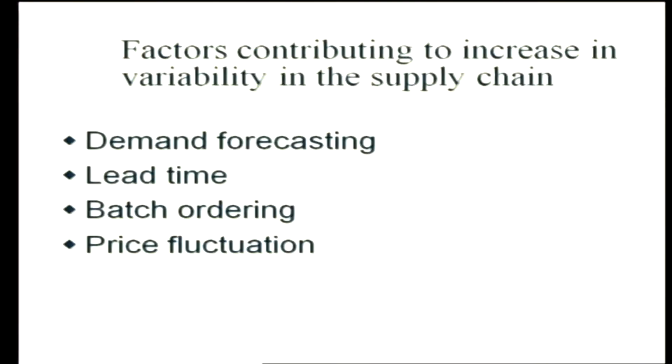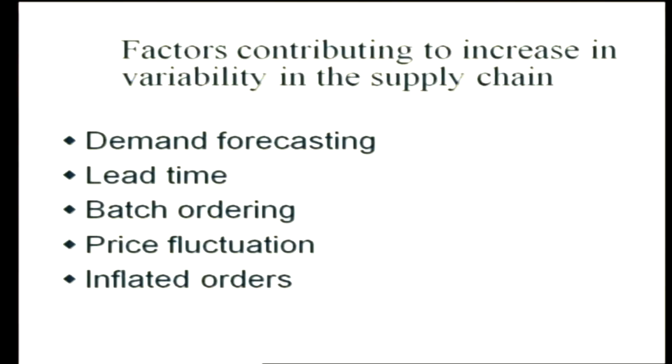Now, the fourth factor is price fluctuation. What is price fluctuation? A company always considers that in the market there is a fluctuation in price. There are times when prices are at a low level, and times when prices are at a higher level. So the company always wants to take advantage of the low price.